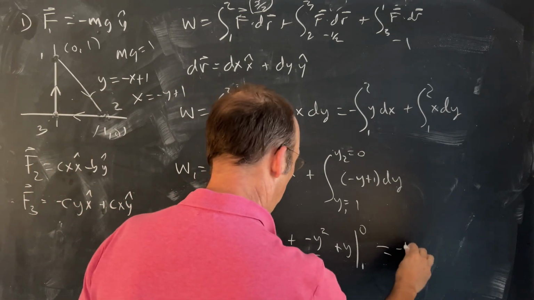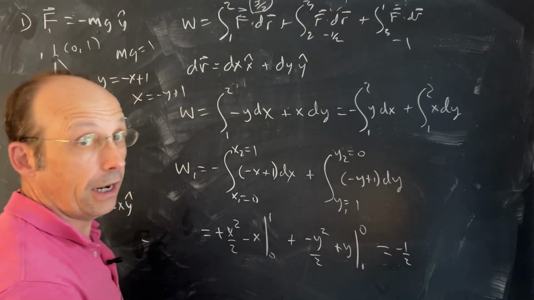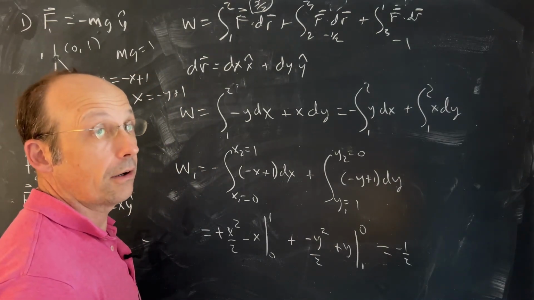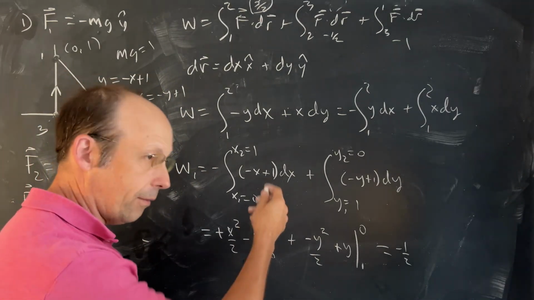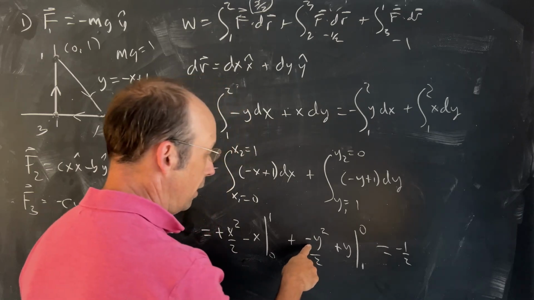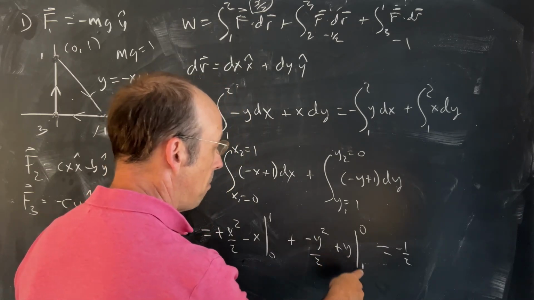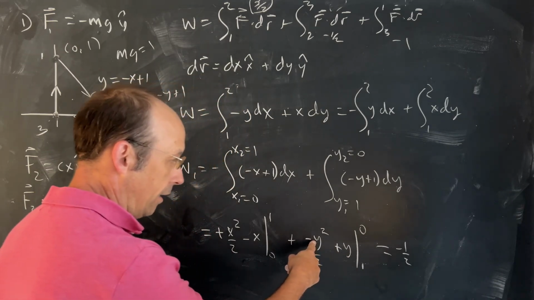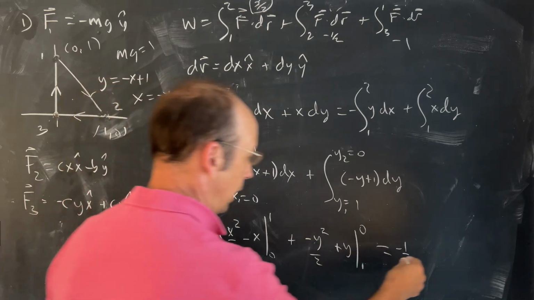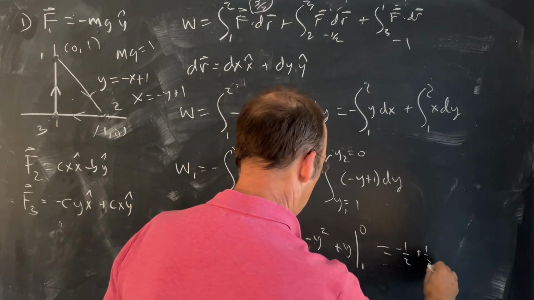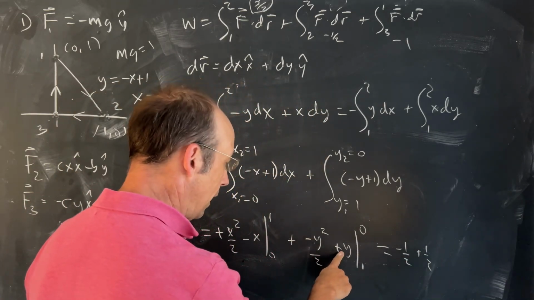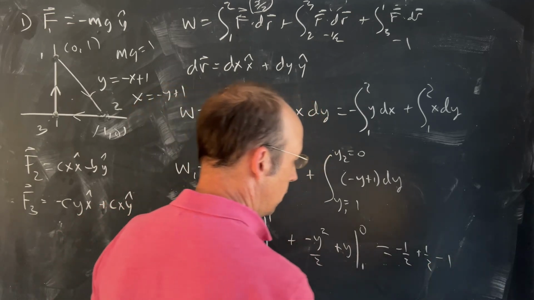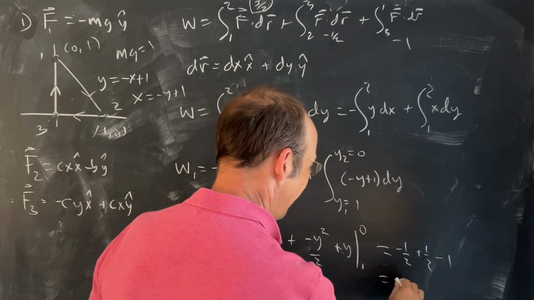So negative 1/2. I may make an error here, and if I do, I'm just going to carry on, because I'm trying to do it in short notation. So then this is going to be 0 plus 0 minus negative 1/2, so it's plus 1/2, and then minus 1. So I get minus 1.